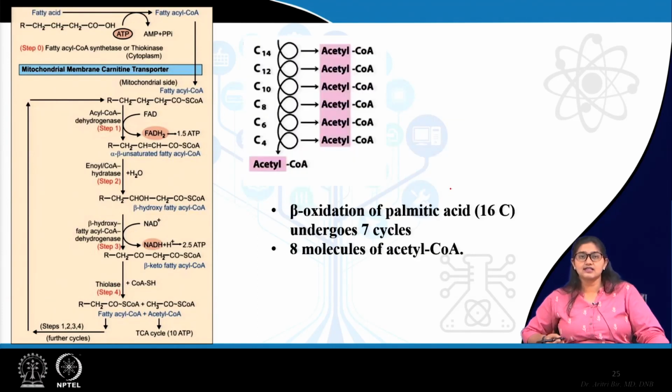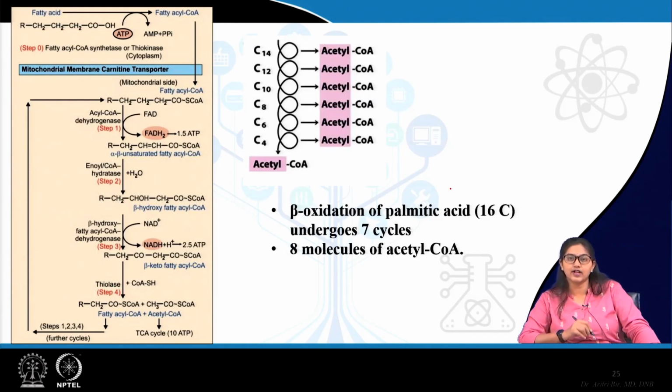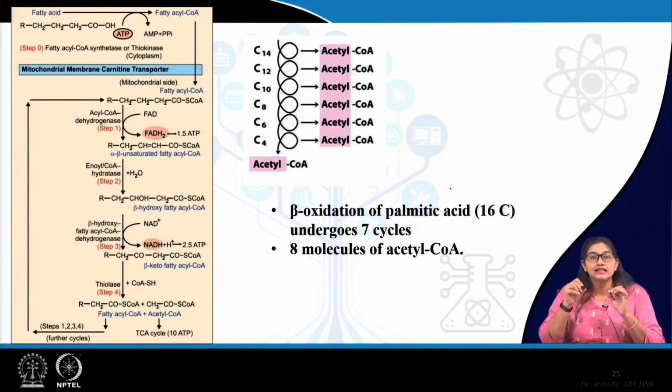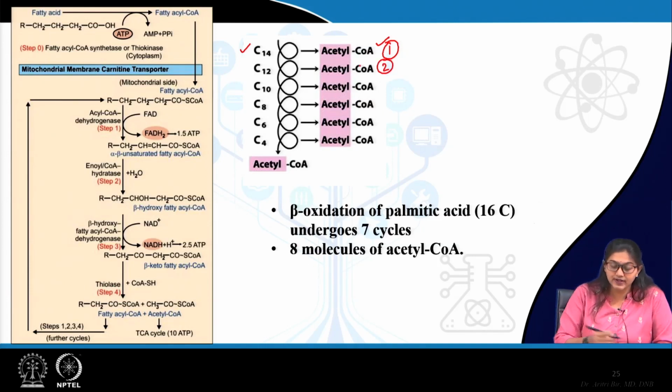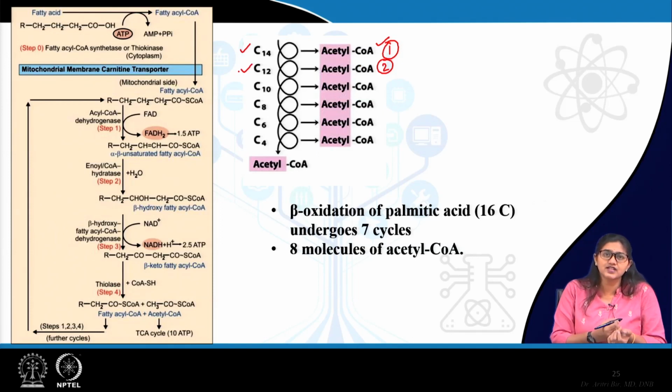So, let us discuss palmitic acid. Palmitic acid is a 16 carbon compound. After one cycle, there will be release of one molecule of acetyl coenzyme A, forming C14, which is known as myristoyl coenzyme A, 14 carbon long. In the second cycle, there will be release of another molecule of acetyl coenzyme A, and 12 carbon long lauryl coenzyme A is formed.